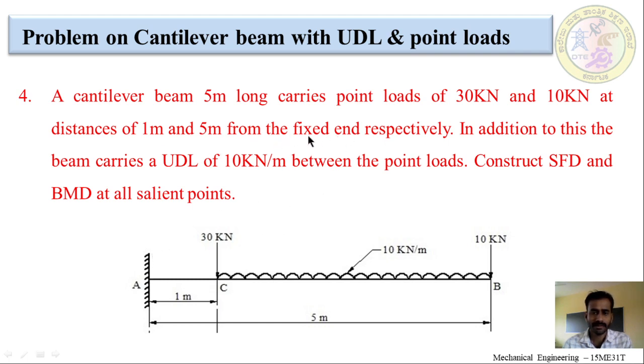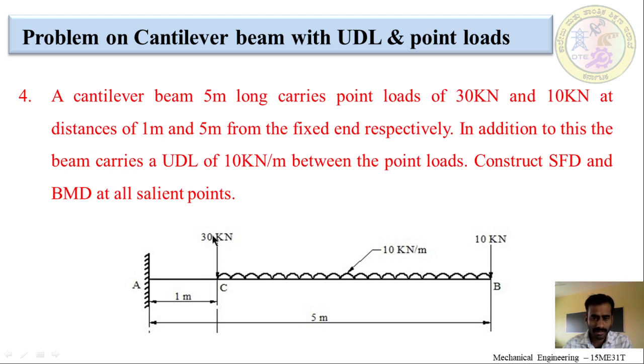So, we have to carefully see whether it is a fixed end or free end. So, it is saying that it is from the fixed end. So, from the fixed end, first you mark 1 meter on the beam, then place this first load. This 30 kilonewton load is at a distance of 1 meter from the fixed end.